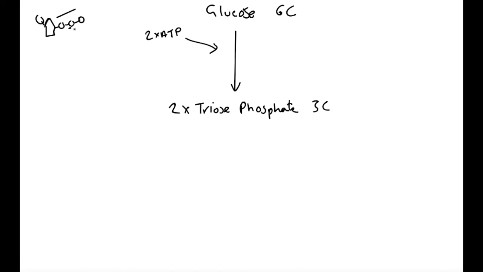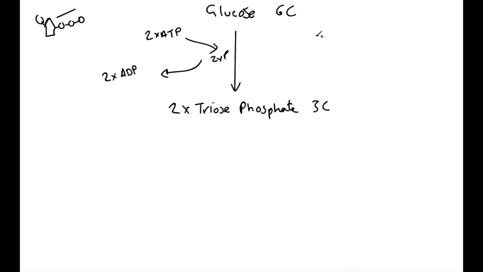There's a video on that as well if you're unsure about that. The ATP comes in, 2 times, and ADP would come out. However, normally you'd see the 3rd phosphate floating around with it, but here the phosphates are added to the glucose molecule, and it's broken down, which makes triose phosphate.